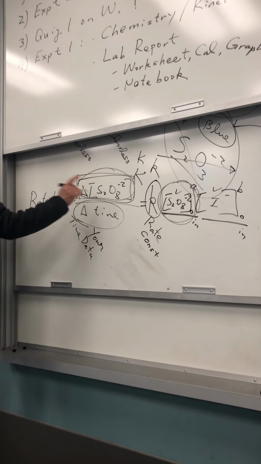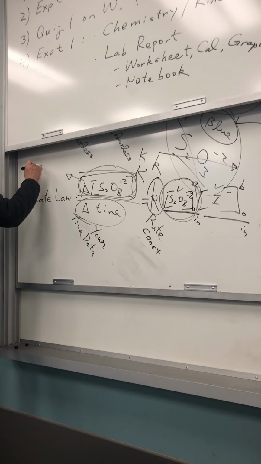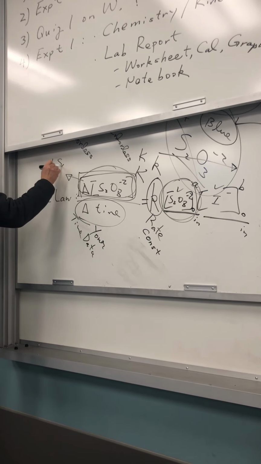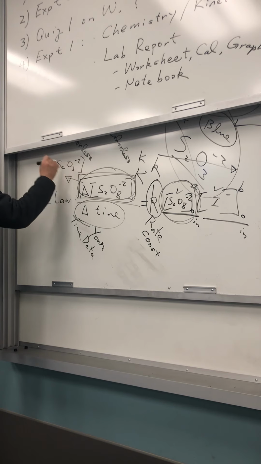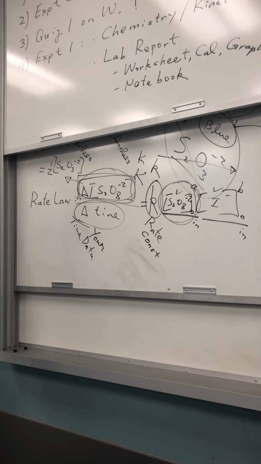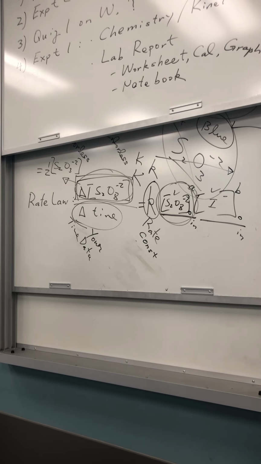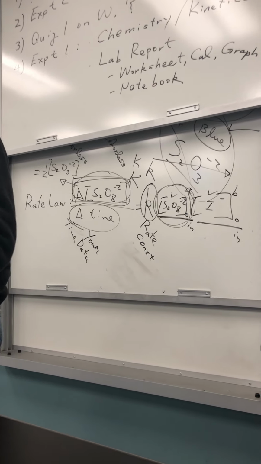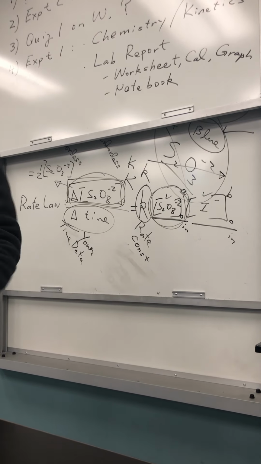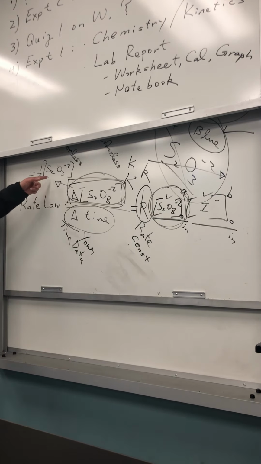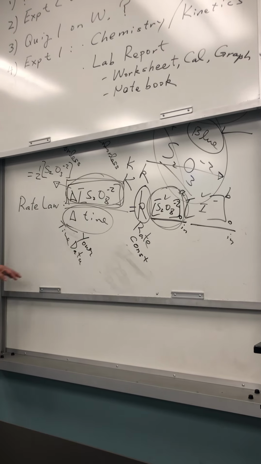So do not get it mixed. Now of course this one is equal to half of thiosulfate. So we talk about the stoichiometry between the thiosulfate and iodine, and the iodine and peroxide disulfate is 1:1. So this one is half of the thiosulfate.